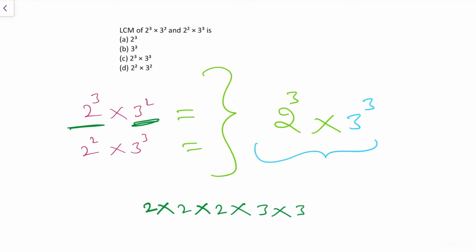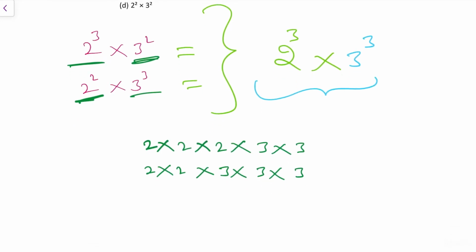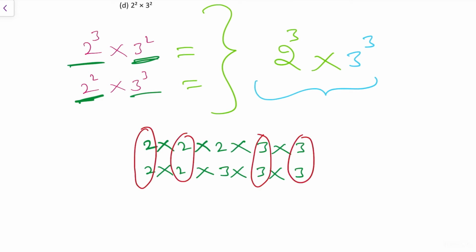The same way, in the second number, 2 square can be written as 2 times 2, and 3 cube can be written as 3 into 3 into 3. Now first write whatever is common. Here 2 is common, here 2 is common, here 3 is common, here 3 is common. So first write those: 2 into 2 into 3 into 3.